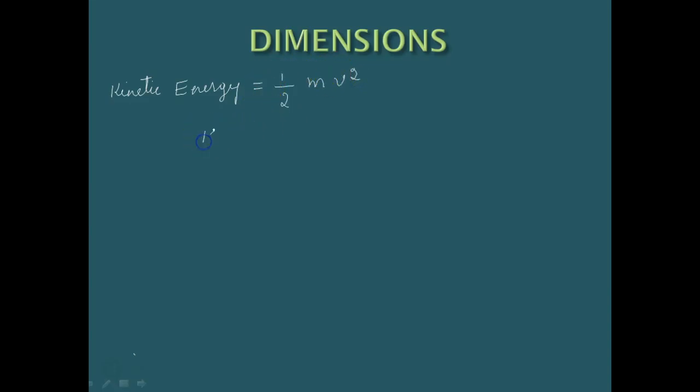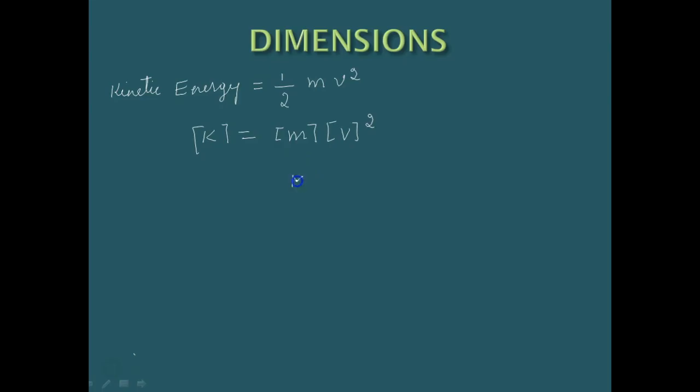For the dimensional formula of kinetic energy, this constant has no dimension, so we should neglect it, and we should consider the dimensional formula for mass as well as for velocity.